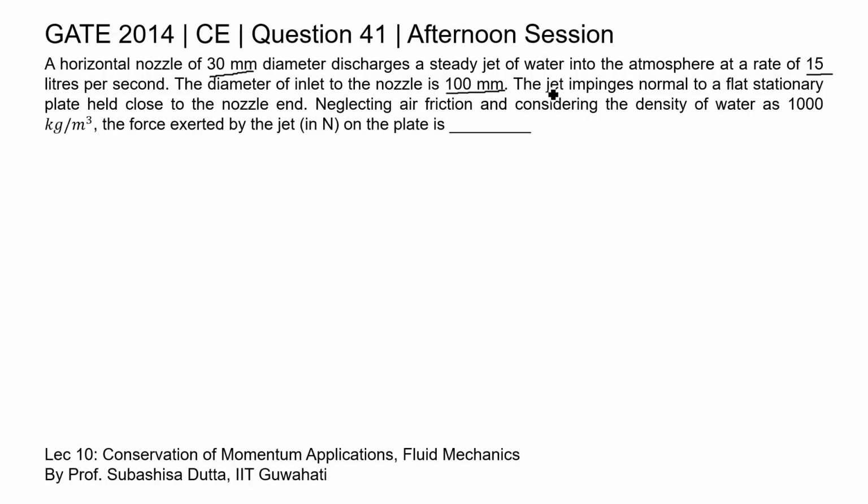And this jet which is coming out from the nozzle impinges normal to a flat stationary plate which is held close to the nozzle end. So, neglecting air friction and considering the density of water as 1000 kg per meter cube, we need to find the force exerted by the jet on the plate.